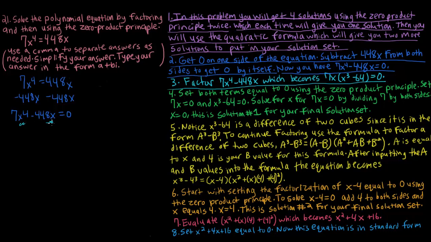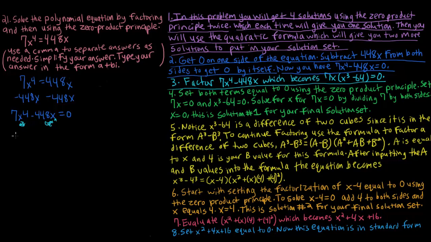And to factor this out, we just have to say, okay, what part of each term is common to both terms? In this case, both terms have the variable x, so that's common. And also both terms are divisible by 7. 7 is divisible by itself, and 7 goes into 448.